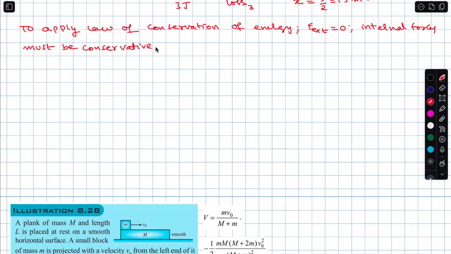This is the condition. Any doubts? Similarly, we can apply the work energy theorem for any type of forces.